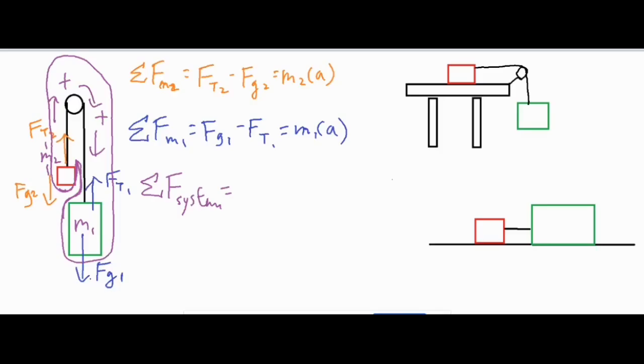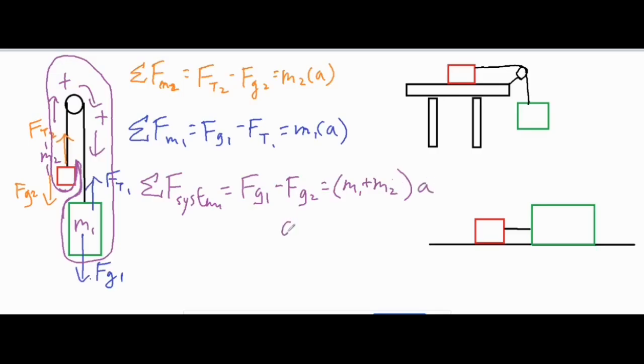See, this is external. This is sticking outside of our big blob, Fg1. And then the only other one that's sticking out is Fg2. And that is equal to the mass of the entire system, m1 plus m2, times a.